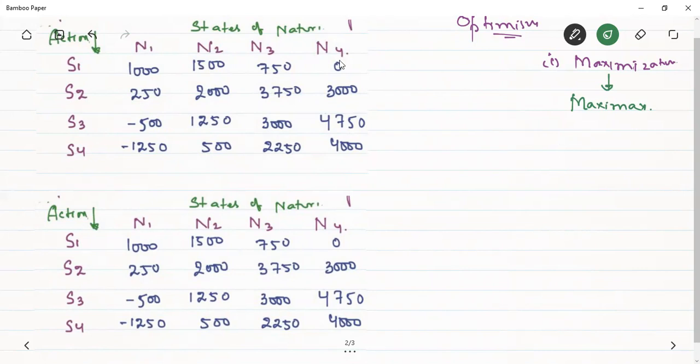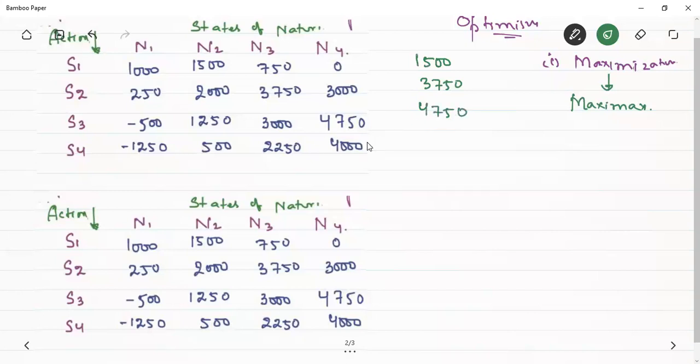See here, in the first course of action the maximum payoff is equal to 1500. In the second course of action, the maximum payoff is equal to 3750. In the third course of action, the maximum payoff is equal to 4750.